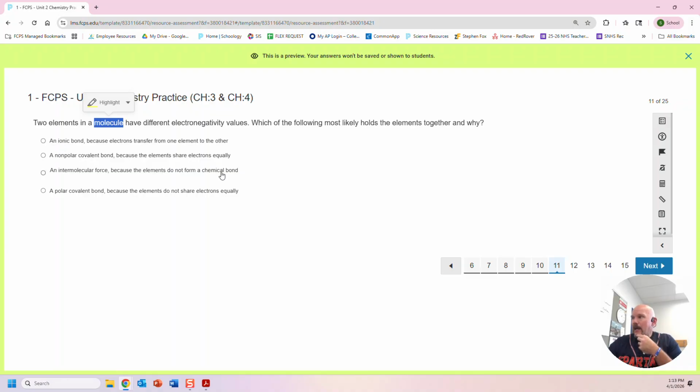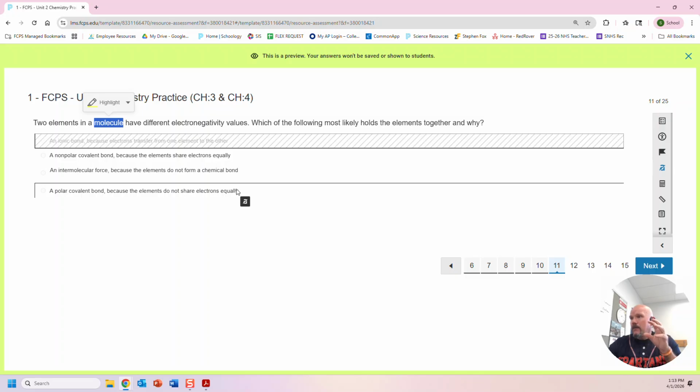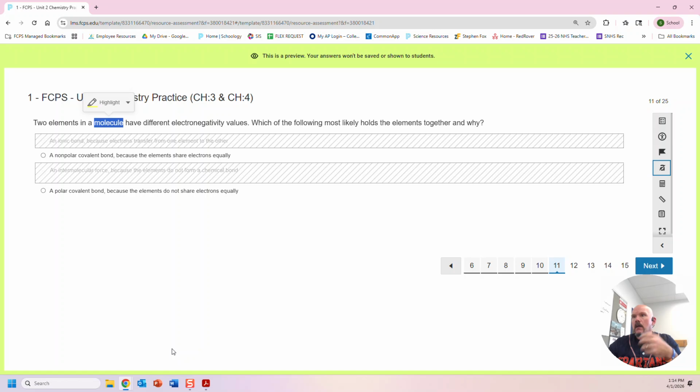So I know it's not an ionic compound. So I know we're not talking about ionic bonds, so I can get rid of the ionic compound choice, okay? And a chemical bond, when we're talking about sharing electrons, it's not an intermolecular force. So it has nothing to do with that, okay? So remember, electronegativity difference when atoms are sharing electrons will make that bond polar. The more difference in electronegativity, the more polar it is.